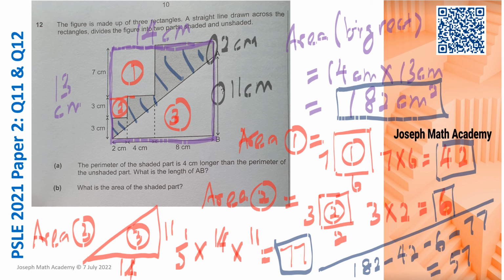And 57, the answer is in square cm. So it means that 12B is done.